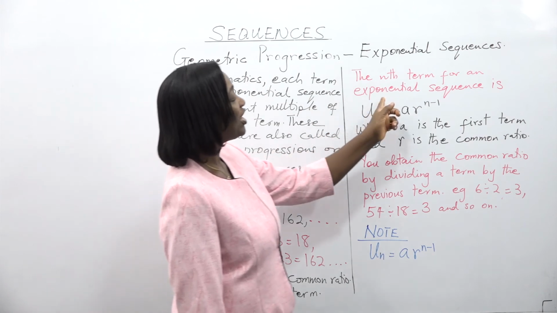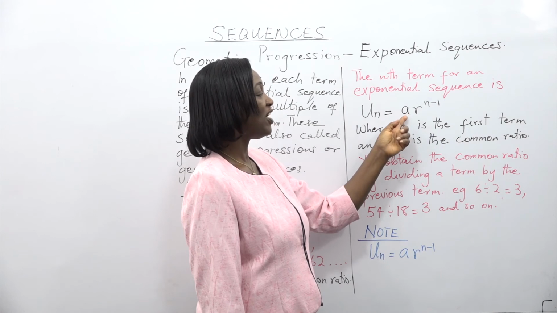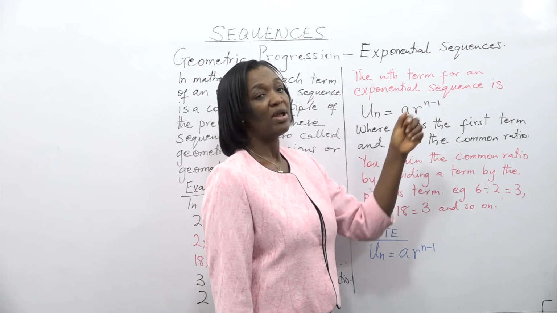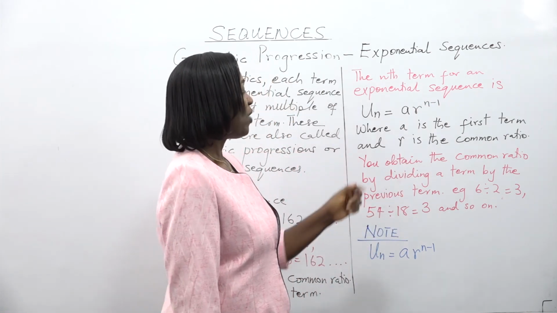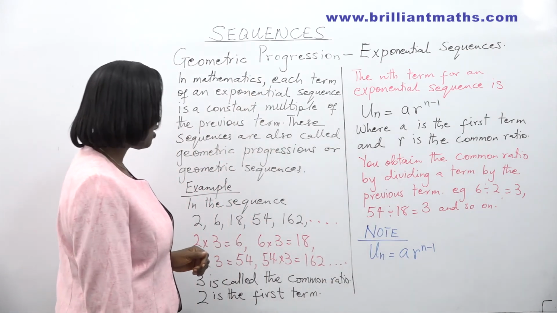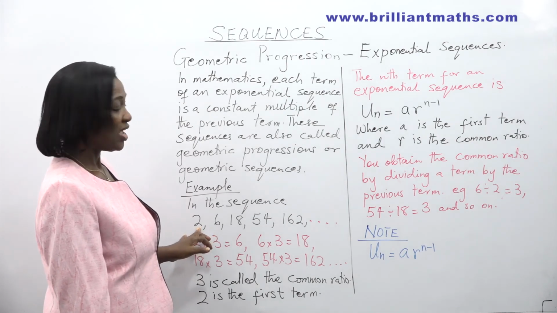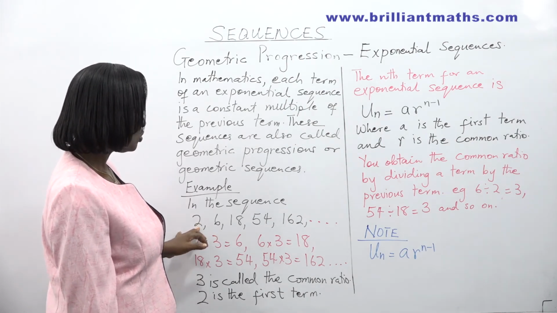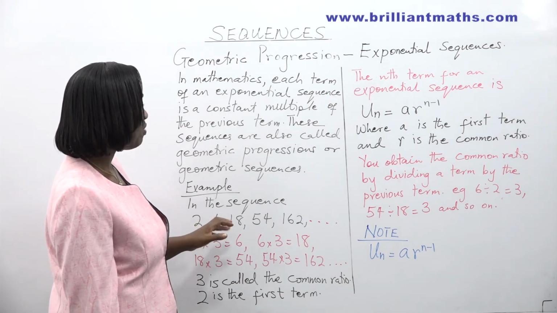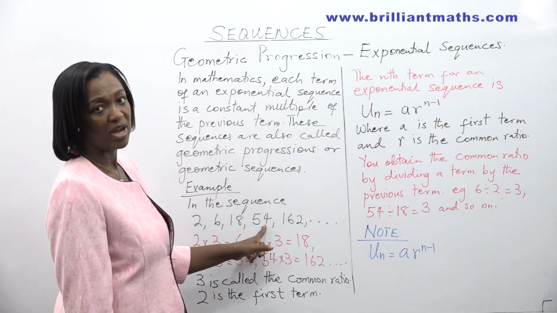But the nth term for an exponential sequence is given by u_n is equal to a, which is the first term, times r to power n minus 1, where a is the first term and r is the common ratio. So for example, if we're looking for the fourth term of this sequence, we are going to multiply 2, which is a, by 3 to power 3, because we are looking for the fourth term. n is 4 now.